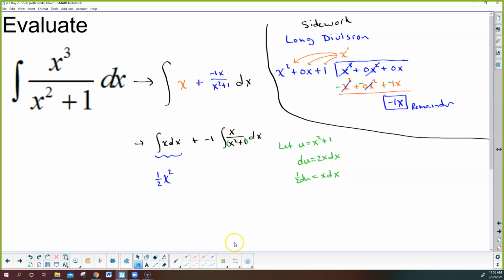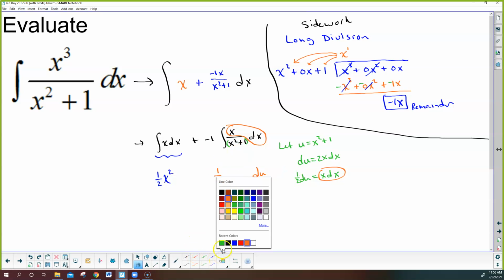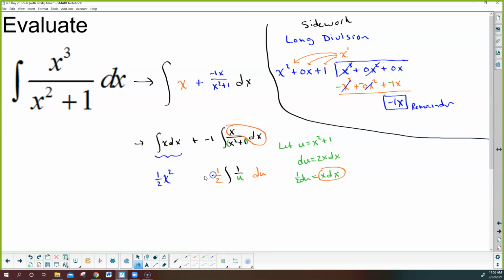Then I have exactly what I need. I've got the x dx. Those match up. So I can replace this part with 1/2 du. And I just float that 1/2 to the outside. And then just don't forget, this was -1 times 1/2.